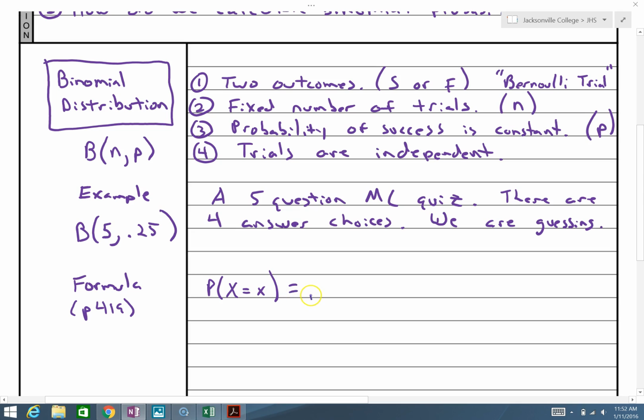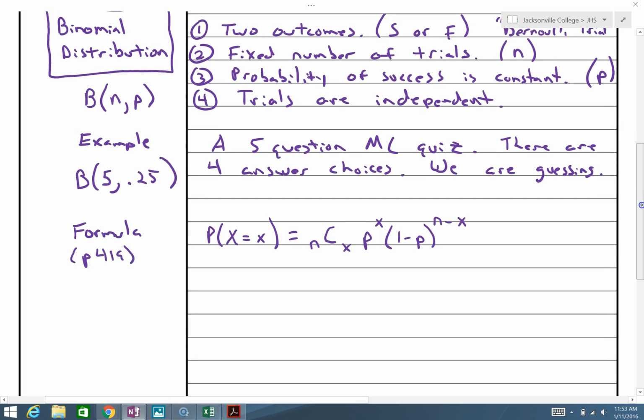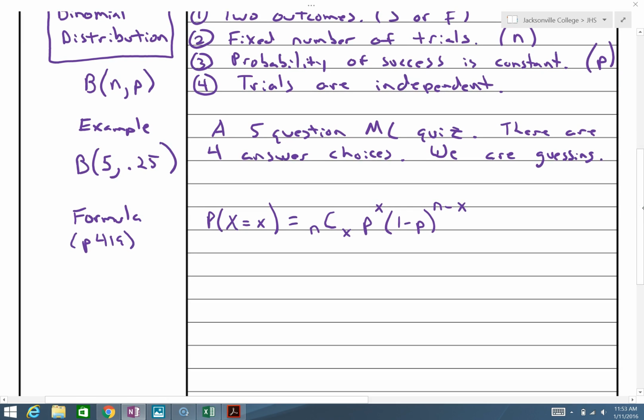We will say the probability that our binomial variable capital X is equal to some number, lowercase x, is equal to n combination x times the probability of success raised to that power x times 1 minus p, that's the complement, to the n minus x power. Okay, what are all these letters representing? Well, this n we've already discussed. n is the number of trials.